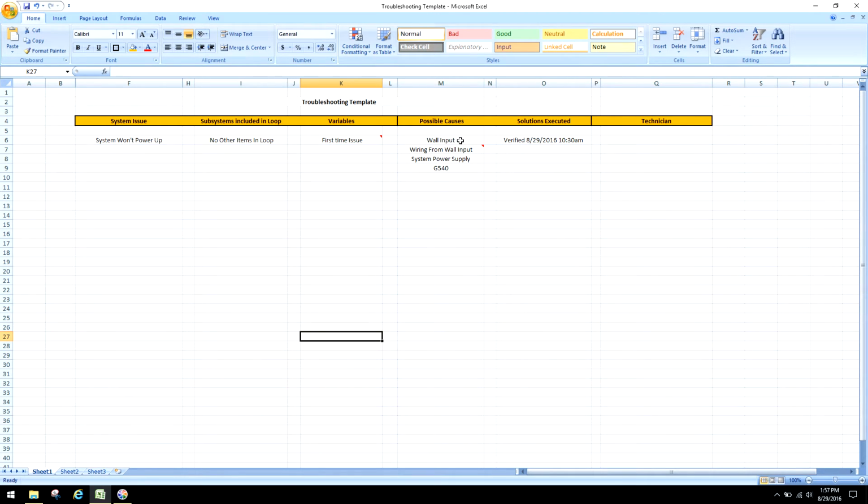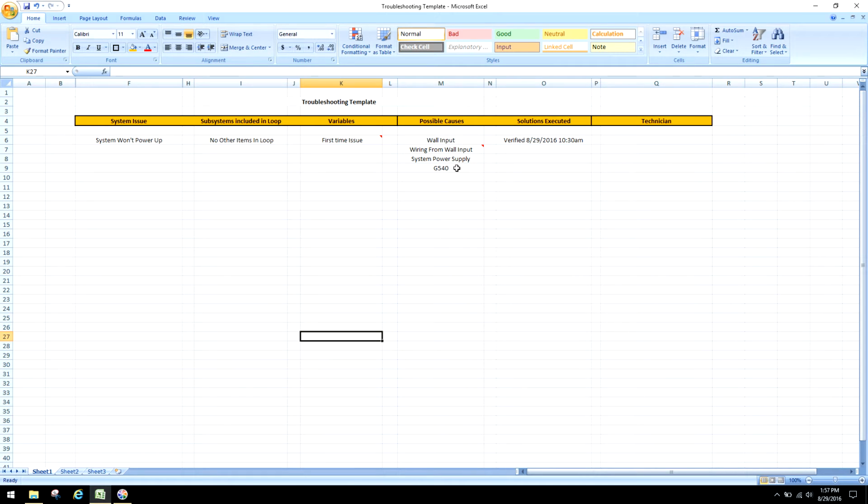So this is basically your entire power subsystem, meaning you're going from your wall, the wiring from the wall input, then into the system power supply and right to the G540. That's the subsystem. If, however, you had a relay or two relays or extra switches or whatever else that would go in between all of this, that's what you would also want to check.